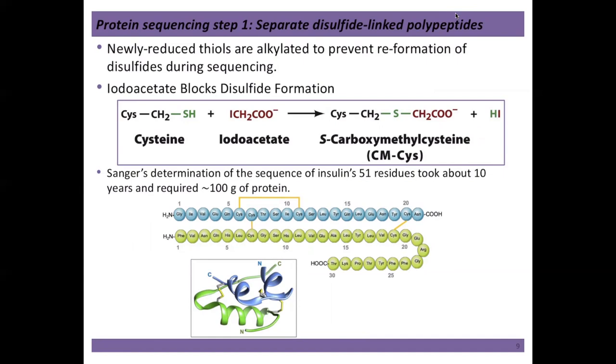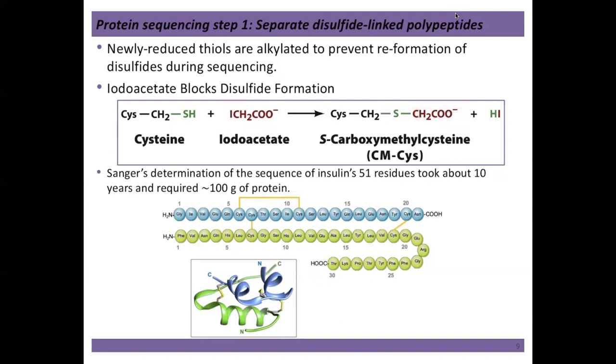And so once you cleave them, then you just mix them with some reagent that they react with. A very good reagent is iodoacetate. Having that iodine on there makes a good leaving group, so that thiol will come in and attack that carbon and kick out the iodine there. And then what you've done is made a sulfide with this carboxymethyl group on it.